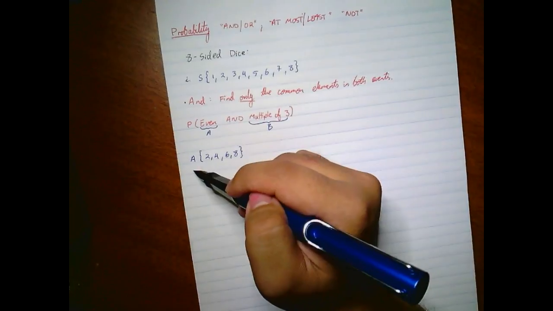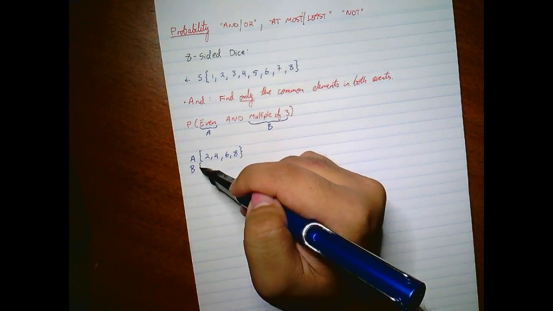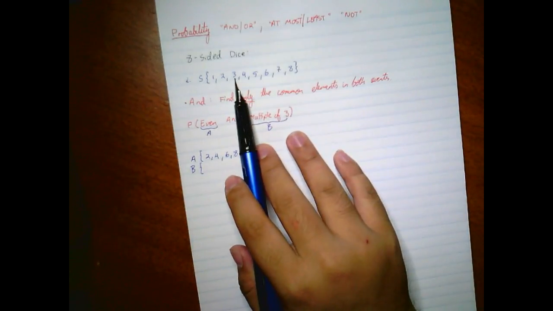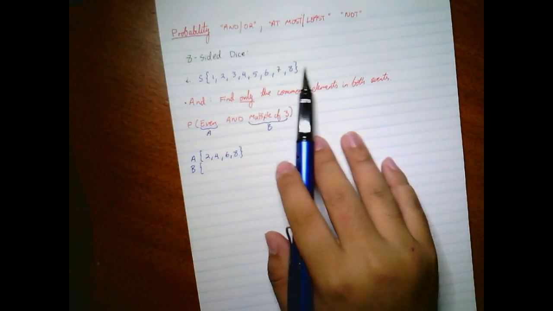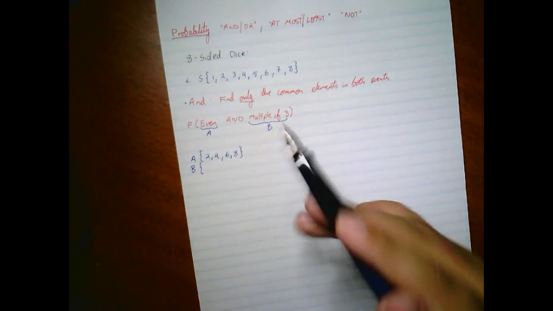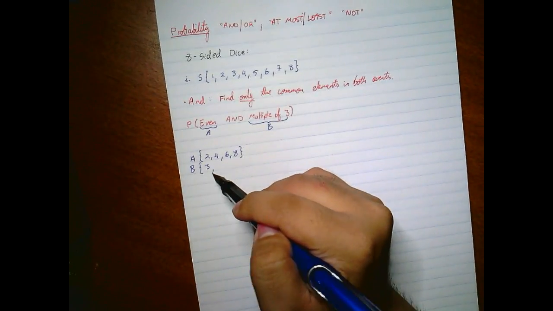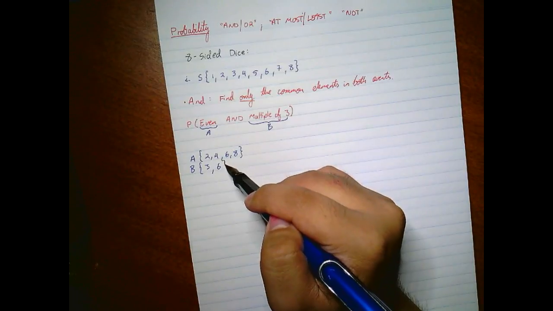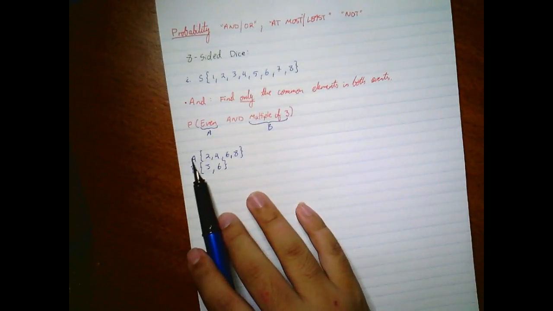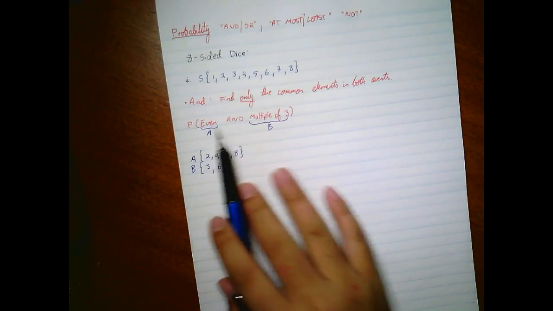Now for group B, they want multiples of 3. Well then there's a 3 and there's a 6. There's no 9 because it stops at 8. There's only an 8-sided dice. So it's only going to be 3 and 6. So these are each group individually.